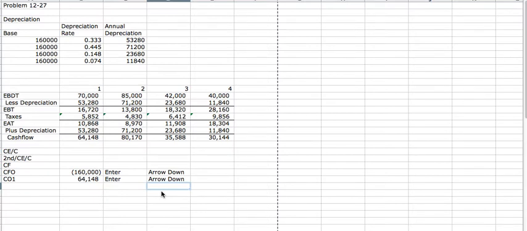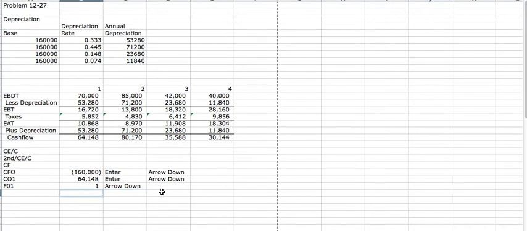F01 we're going to leave at 1, and we're just going to arrow down.